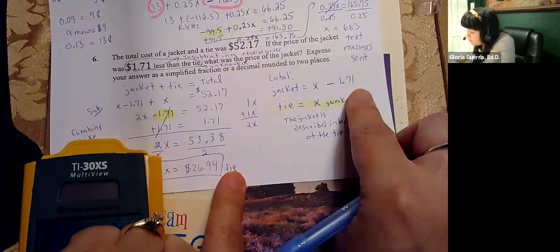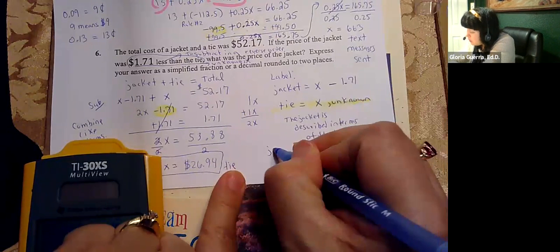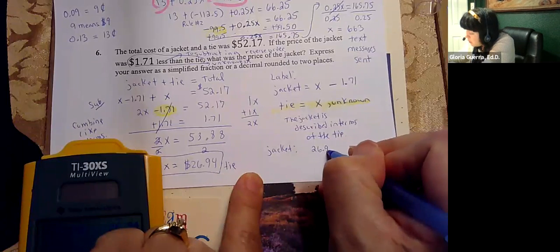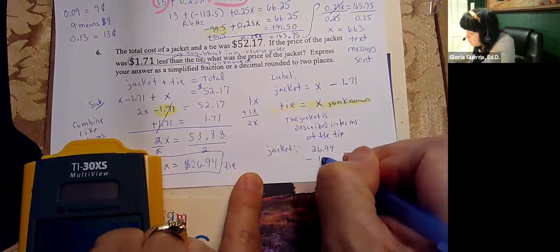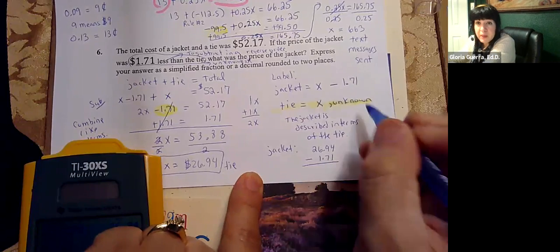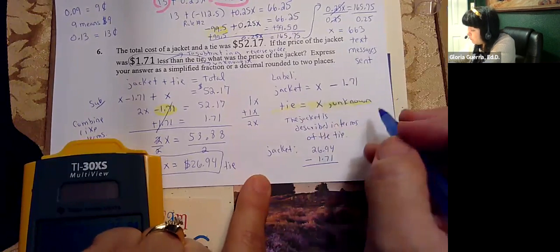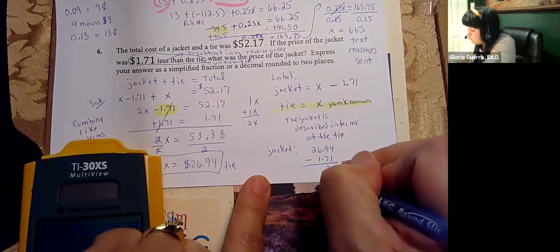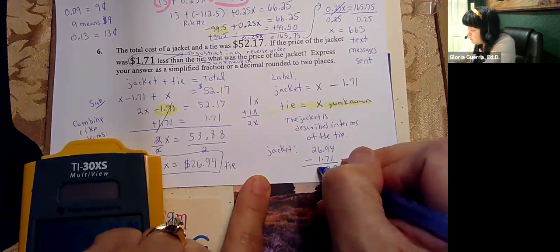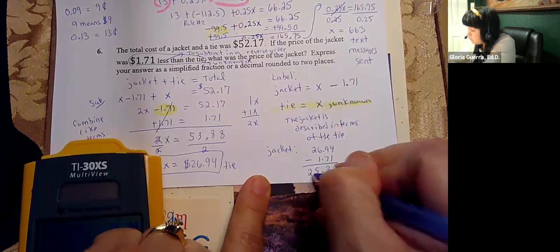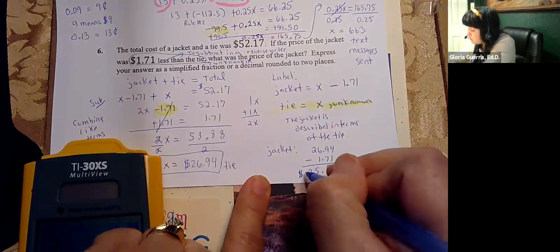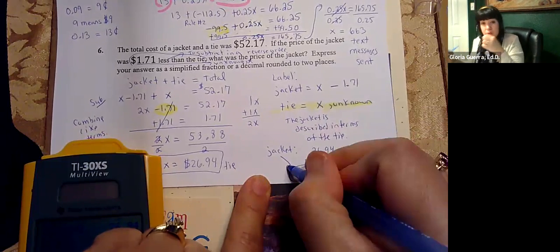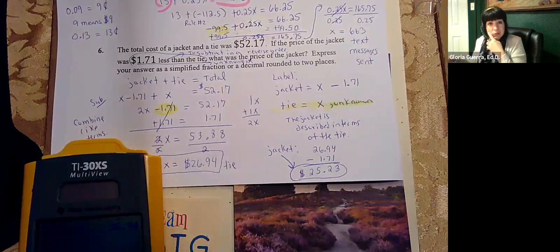So the jacket is 26.94 minus 1.71. X minus 1.71. 4 minus 1 is 3. 9 minus 7 is 2. 6 take away 1 is 5, and then that's 2. So it looks like the jacket was $25.23.